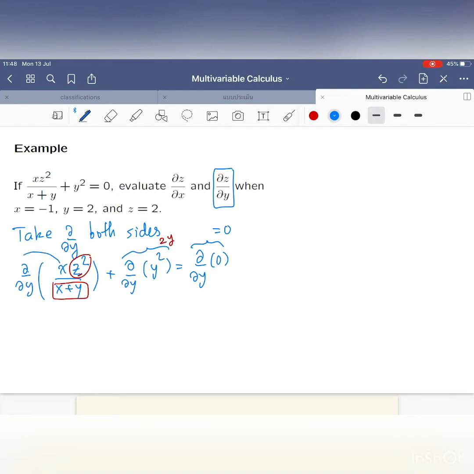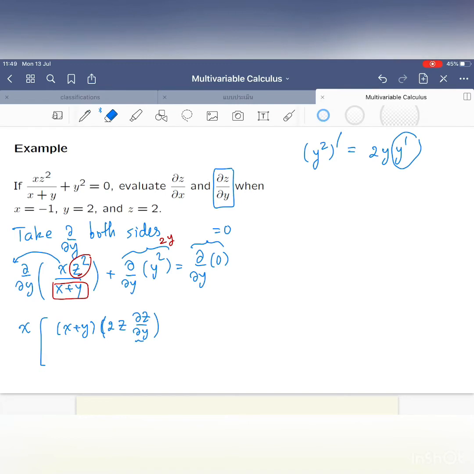The x can be pulled outside because x is simply a constant in this context. The quotient rule says it is the bottom times the derivative of the top, which is 2z and then dz/dy. This is the same as I told you previously: if you need to find the derivative of y squared, it is 2y and then y prime, but instead of y prime at this moment we use dz/dy.